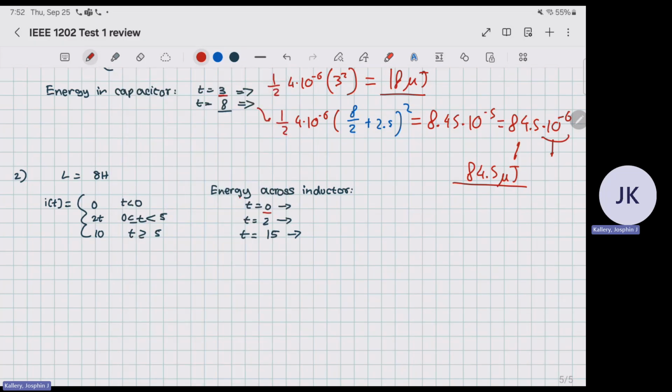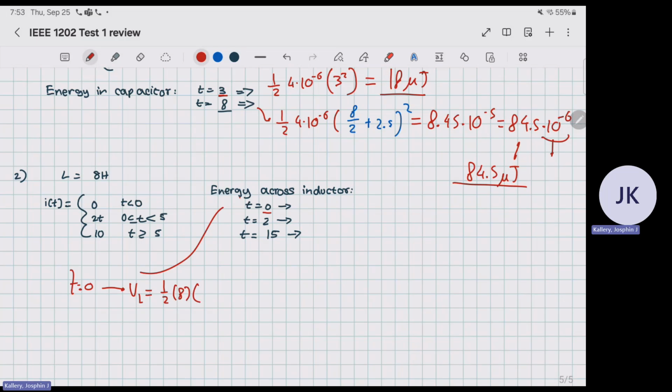So at t equals 0, we'll first write out, I'll write it over here. T equals 0. What does that mean? So if we plug in our energy across inductor equation, we get 1/2 our inductance, which is 8 Henry. So that's 8.